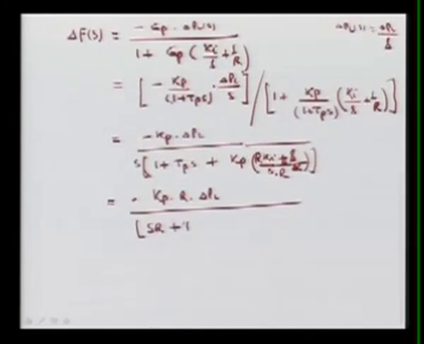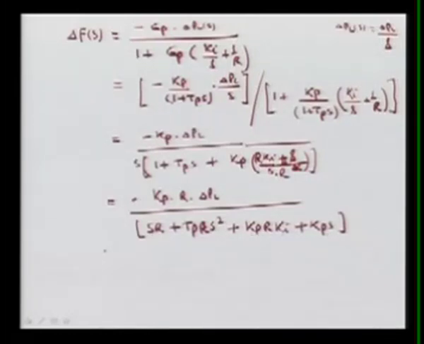Plus Tp S is TpR S square. This is a quadratic term that we are going to get. Plus here we are getting Kp R Ki, plus Kp S. So we are getting TpR S square, and the S term is R plus Kp, and here we are getting this constant.